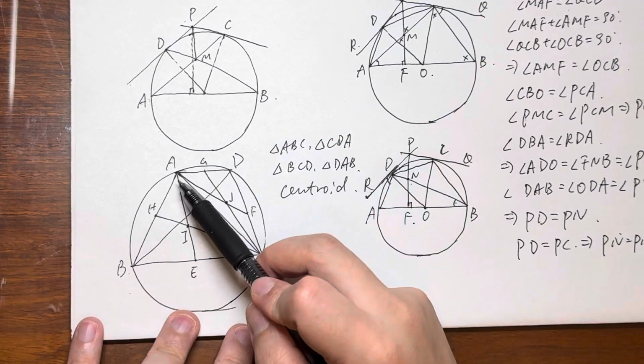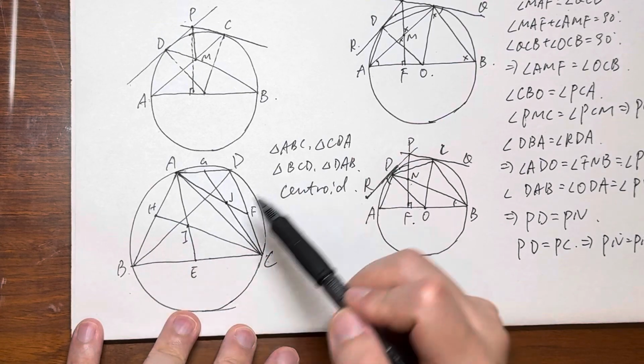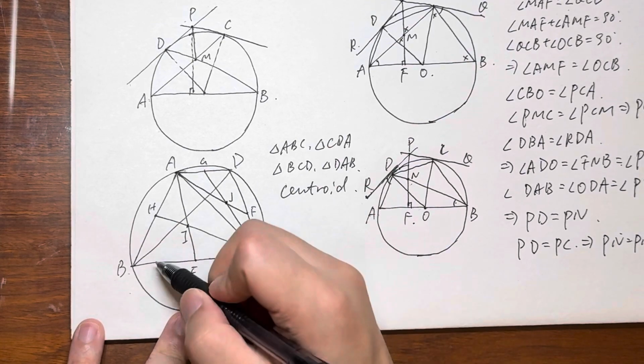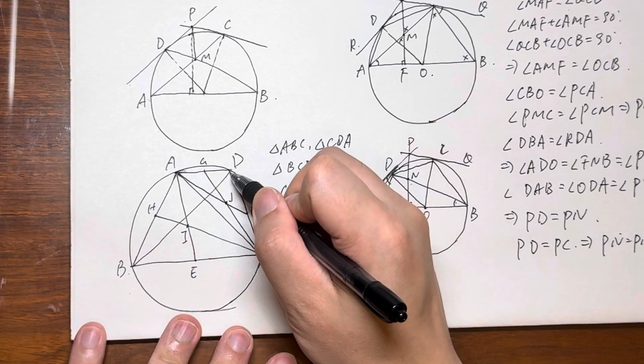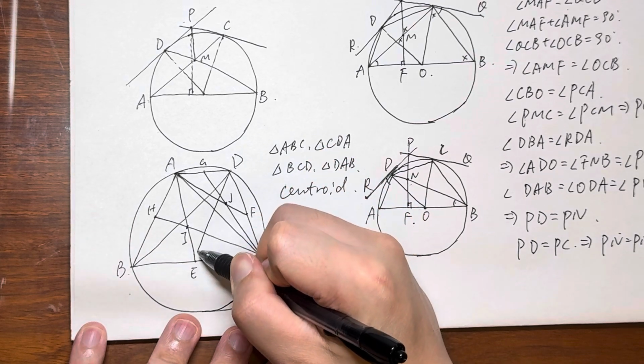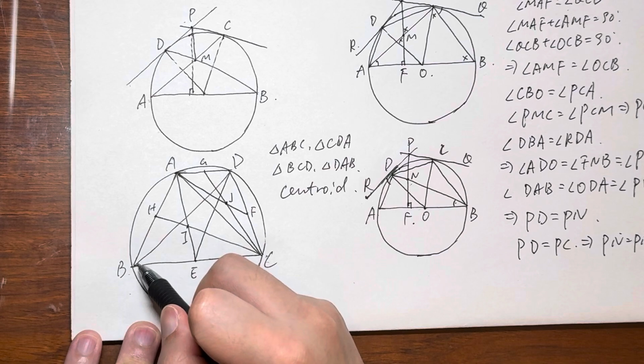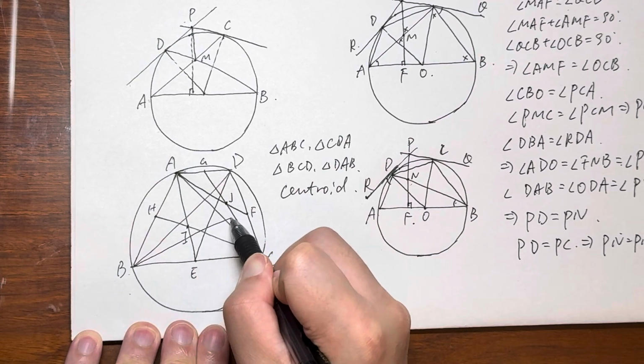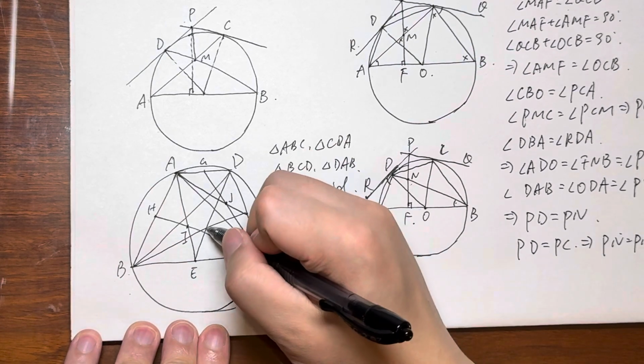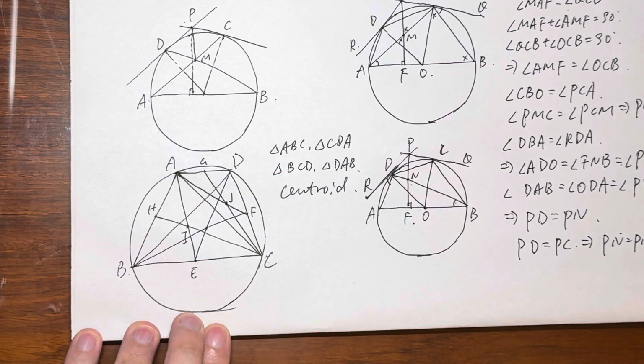And for the triangle BCD, we can connect D here, connect BF here, and we find the intersection point.